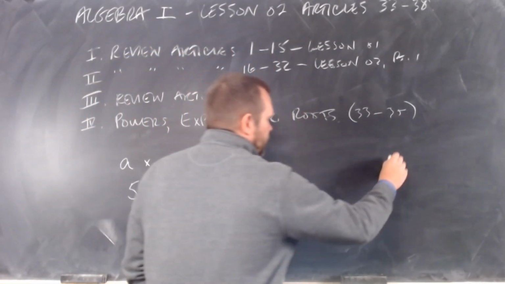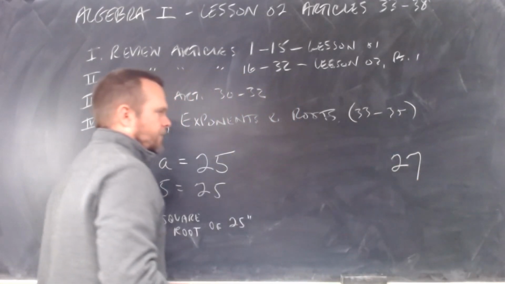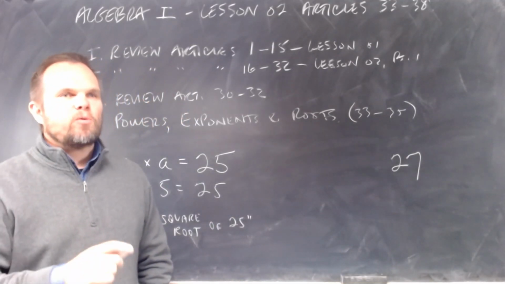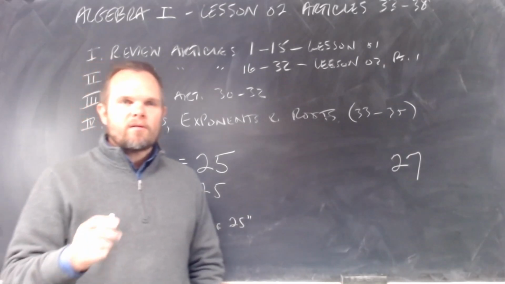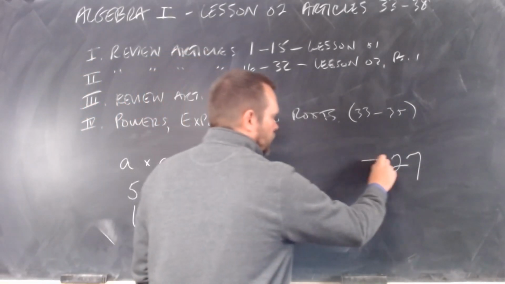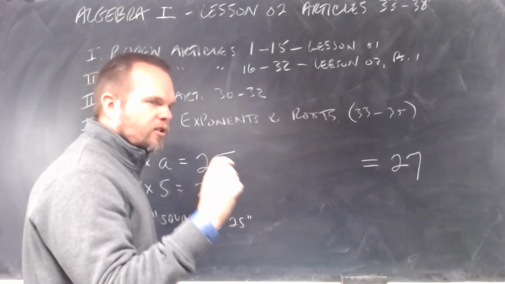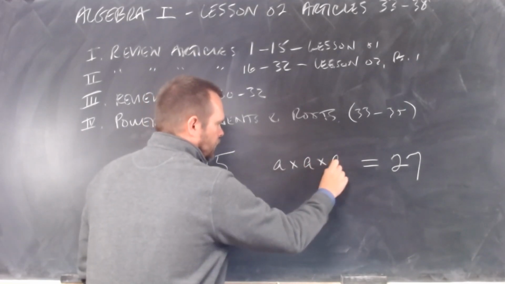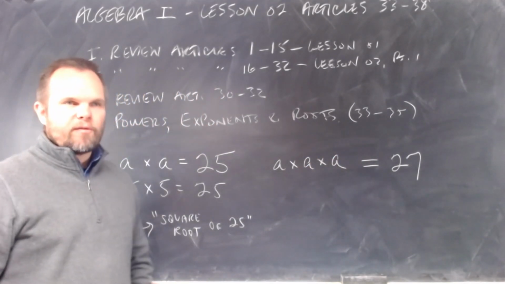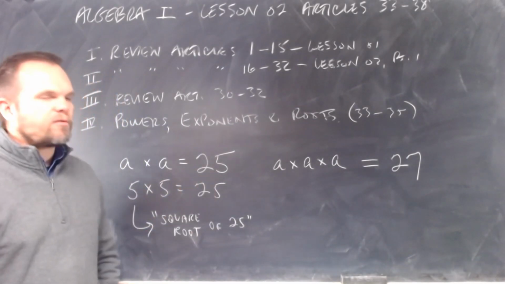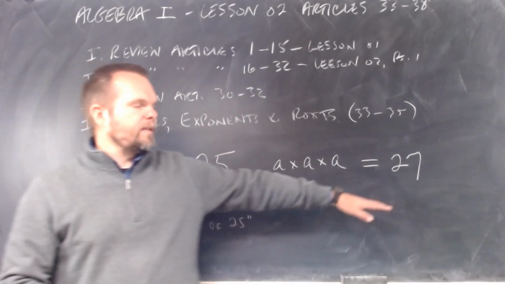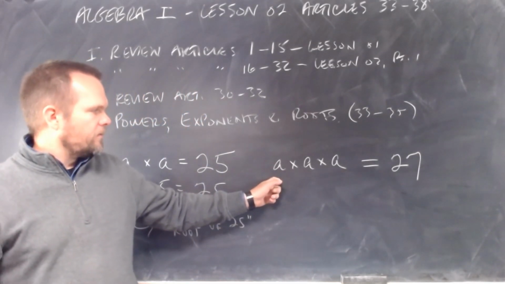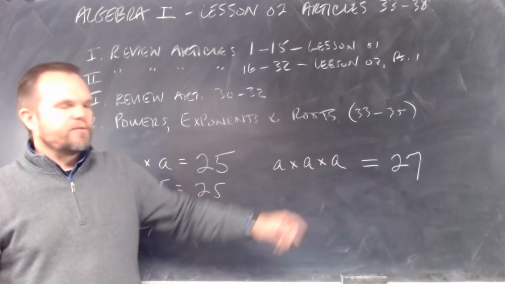If I have the number 27, and I ask, what is the cube root of 27? When I'm asking you, what is the cube root, that means what number multiplied by itself, taken as a factor 3 times, produces 27. This quantity A is the cube root of 27.